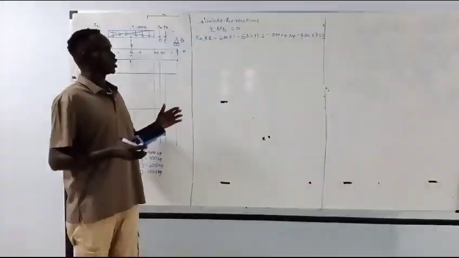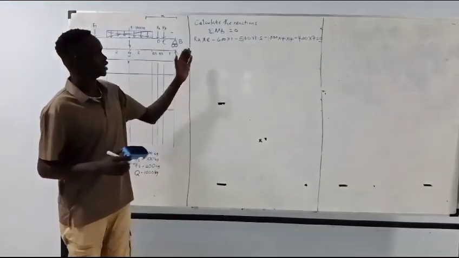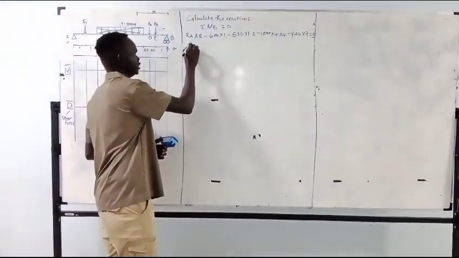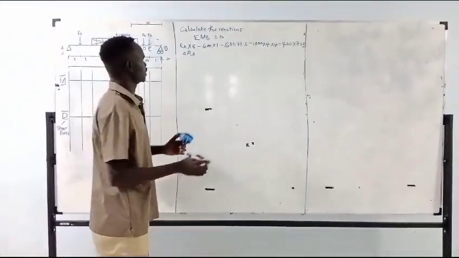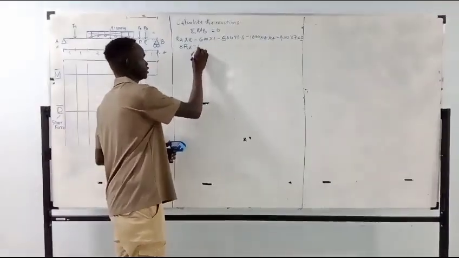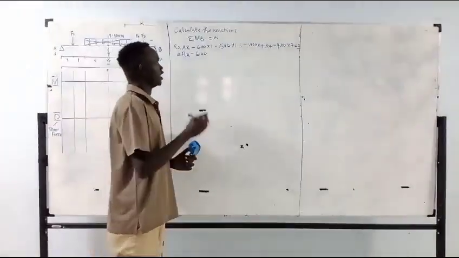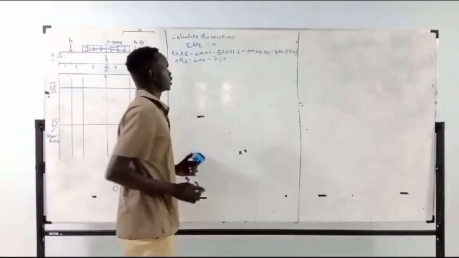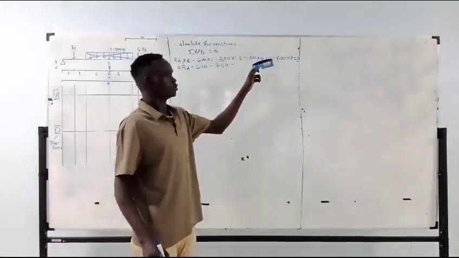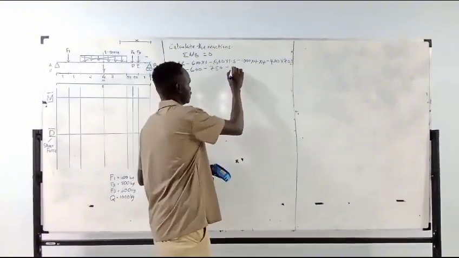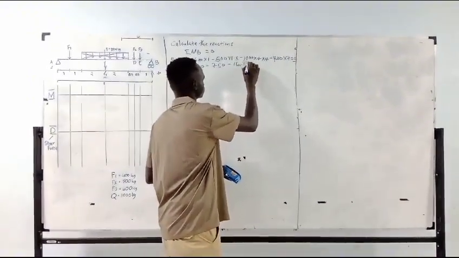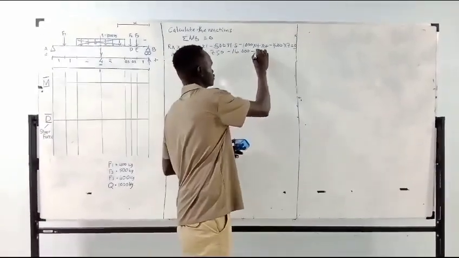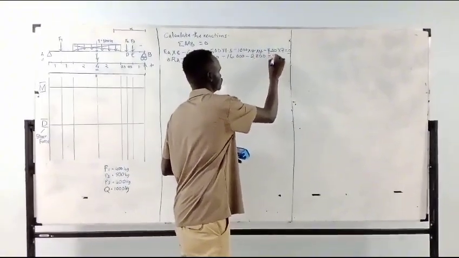Now we simplify the equation. RA times 8 is 8RA, minus 600 times 1 is 600, minus 500 times 1.5 is 750, minus 1,000 times 4 is 4,000, and 4,000 times 4 is 16,000, minus 400 times 7 is 2,800, equal to 0.